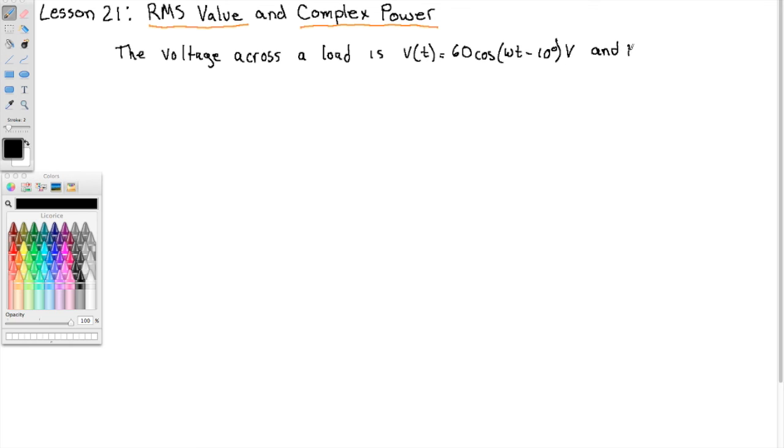And the current is i of t equals 1.5 times the cosine of omega t plus 50 degrees amps. We're going to find the complex power and apparent power.